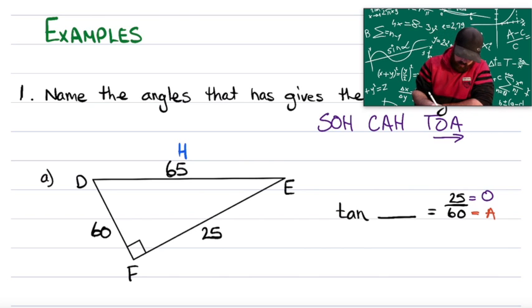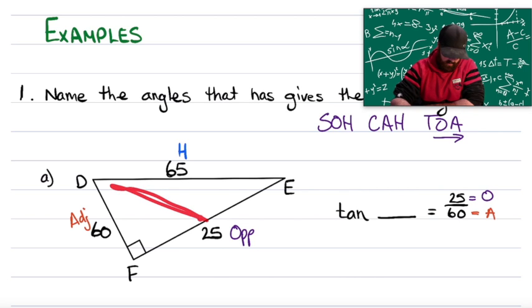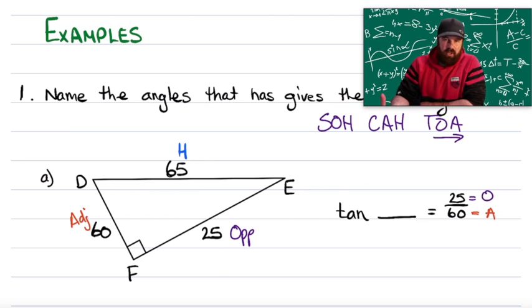We know that 25 was the opposite side, and we know that 60 is the adjacent side. And remembering opposite means it's on the other side of the triangle to our reference angle. So the other side of the triangle to our reference angle, well, that's going to be in this direction here, right? So it looks like D is going to be our reference angle.